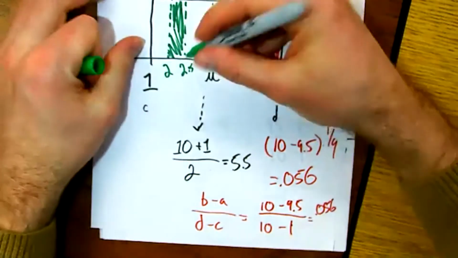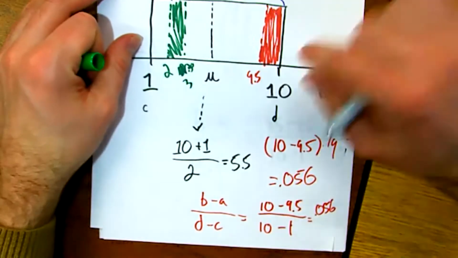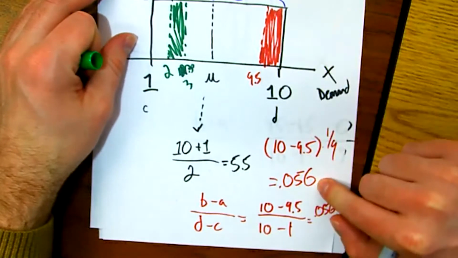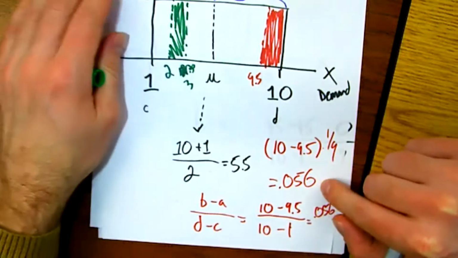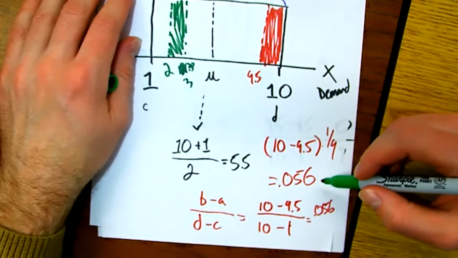What if instead I wanted 2 to 3? Well, if I know an interval of 0.5 has a probability of 0.056, an interval of length 1 should have a probability of what?